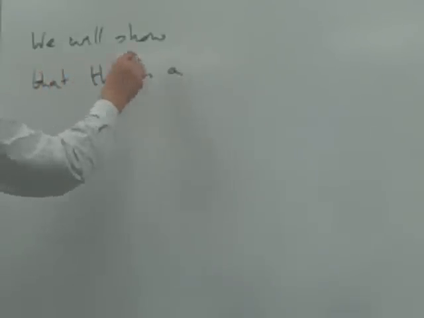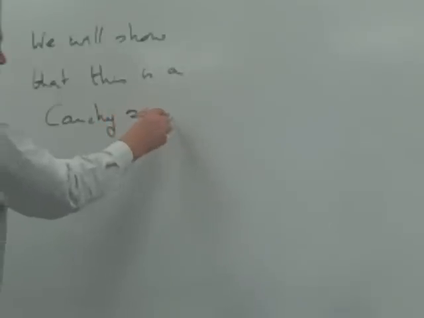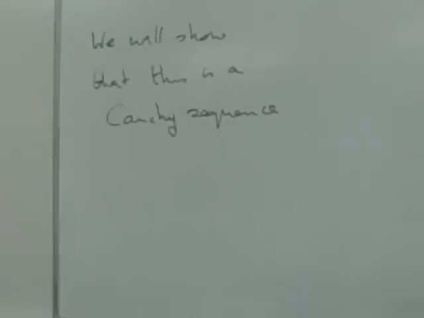So we will show that this is a Cauchy sequence. Now, we don't know where T sends x1, so we have no way of measuring the distance between x1 and x2. But after that, we do.